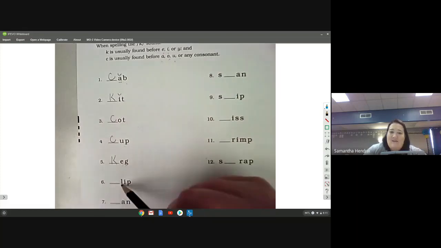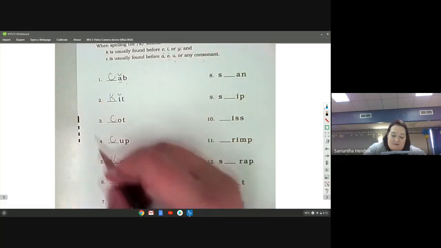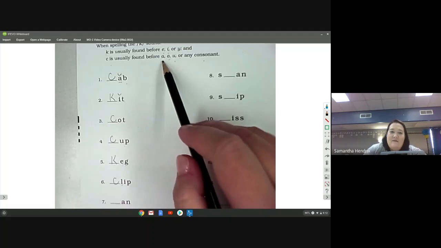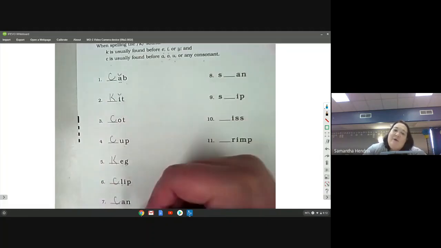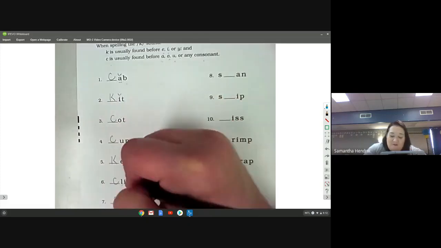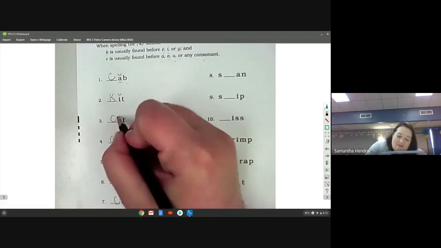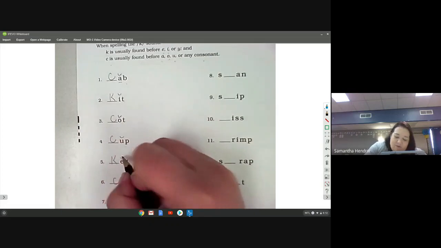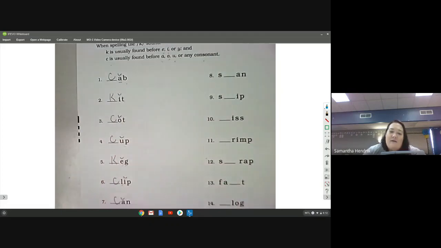That's an L. An L is a consonant, so it's going to be a C. Can is an A, so it's going to be a C. Okay, now I'm going to go back and code this side. So all of these are followed by a consonant, so they're all short sounds. And I just sounded them out, so I knew that, right? So I'm going to put a breve on all of my short vowels right there, okay?